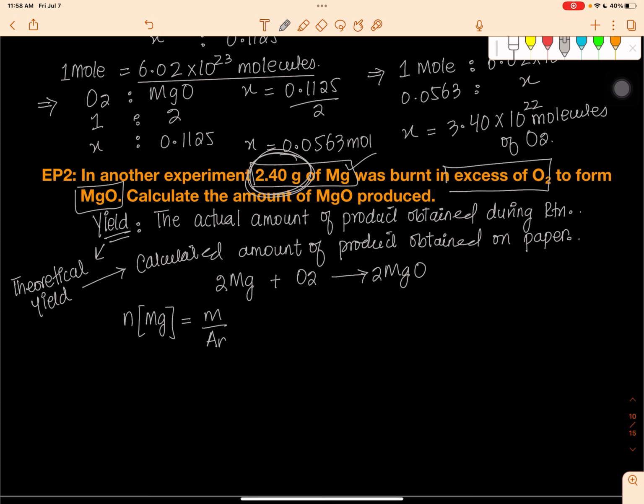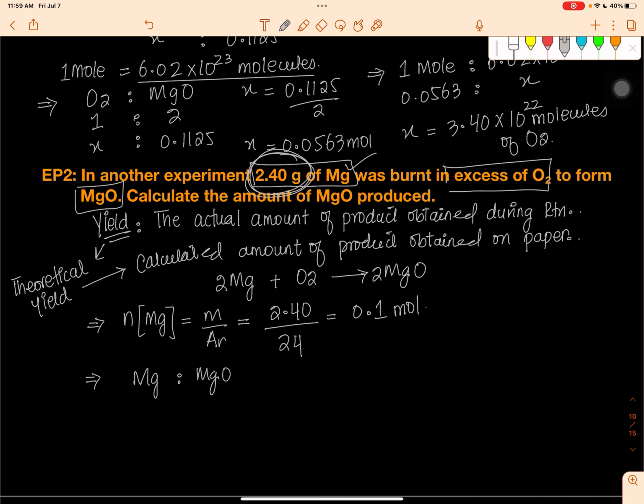Since it's an element, not a molecule, there is no MR, there should be AR. So mass is 2.40 divided by AR, that is 24. 2.40 divided by 24, we get 0.1 mole.